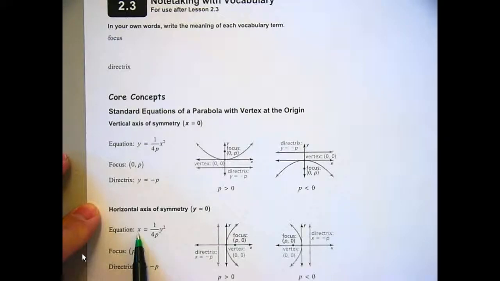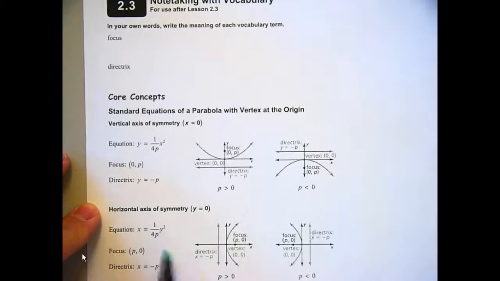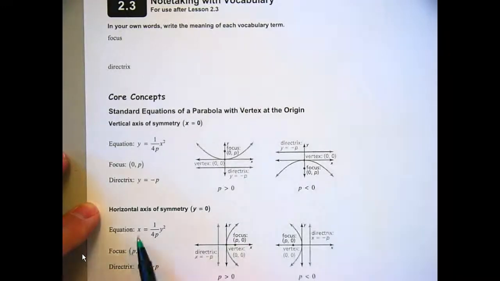It should read x = (1/4p)y², so please change that to an X. Otherwise, it's incorrect. On mine, it says X, but I just printed this off of the website, so it should say x equals.